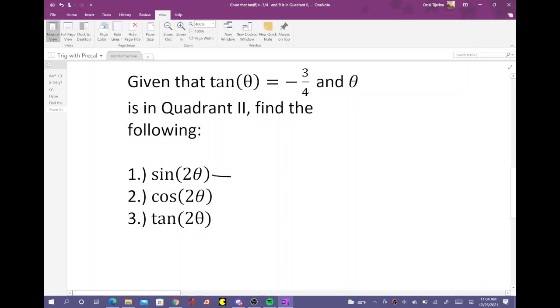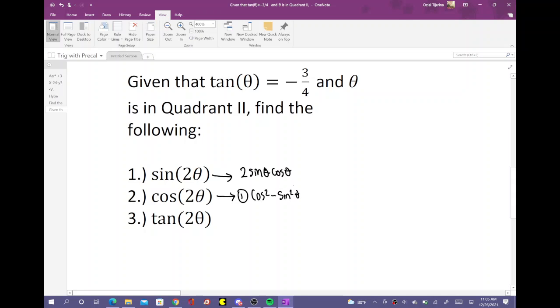So sine of 2 theta is actually 2 sine theta cosine theta, okay? Cosine of 2 theta is three things. Number one, it's cosine squared theta minus sine squared theta.